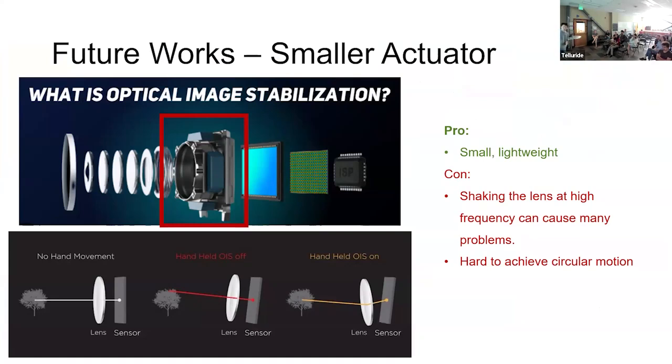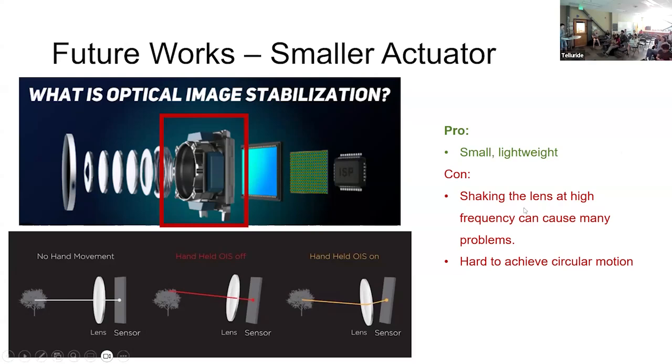Optical image stabilization technology may be helpful in this problem because it's small and lightweight, and most smartphones have this module. It's just a little optics module in front of the camera that can compensate for the camera motion to get a stable image. Maybe we can utilize it to generate events.